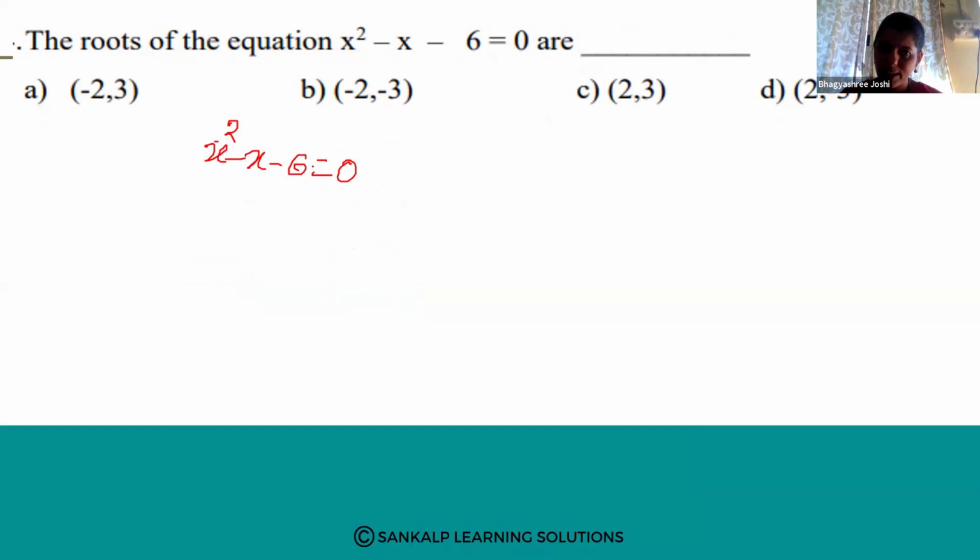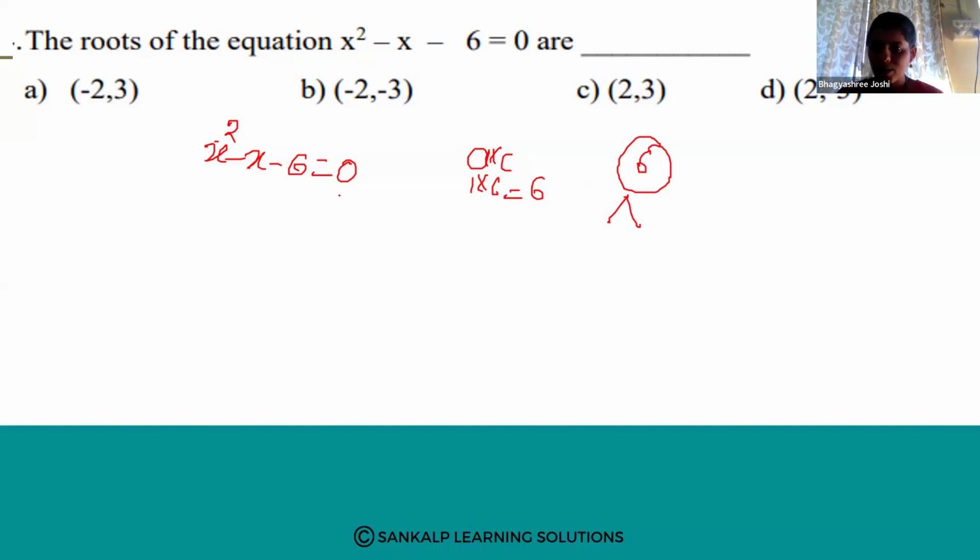A value is 1 here, c value is minus 6. So a into c is 1 into 6, that is equal to 6. So now the product is 6. Choose two numbers such that the product should be 6 and the middle term is minus 1. When you subtract or add those two numbers, you will get minus 1.